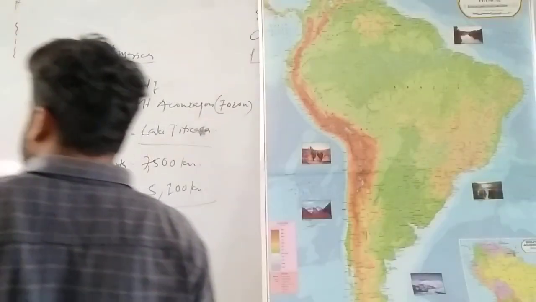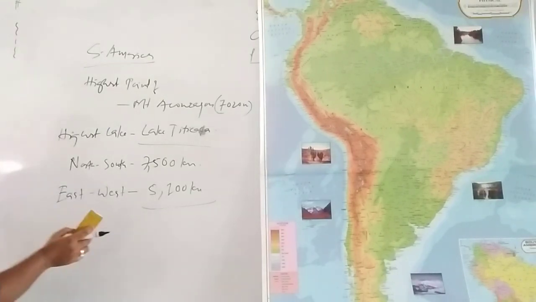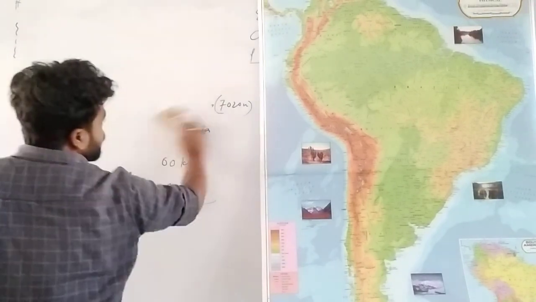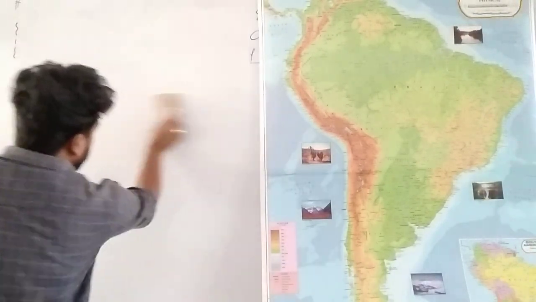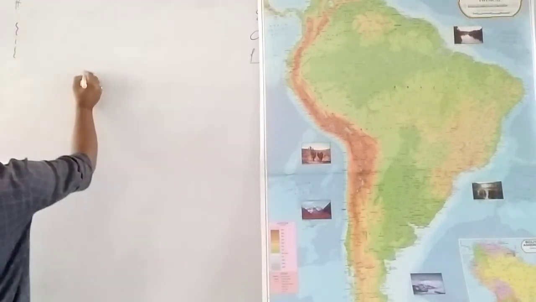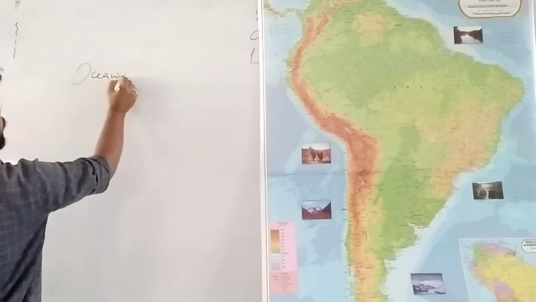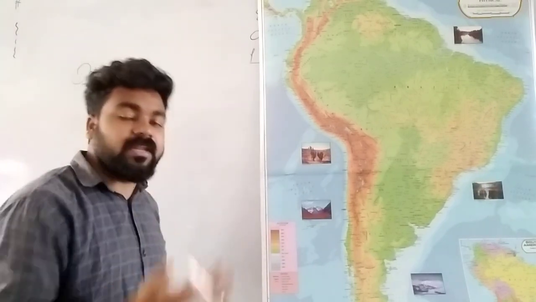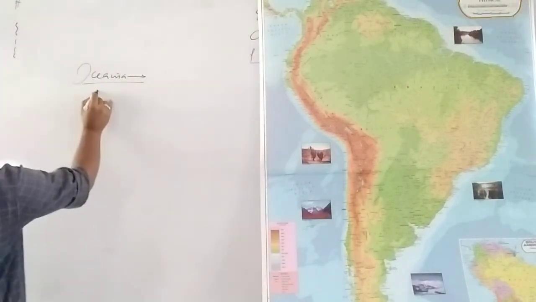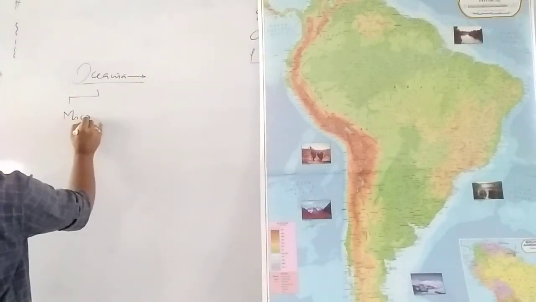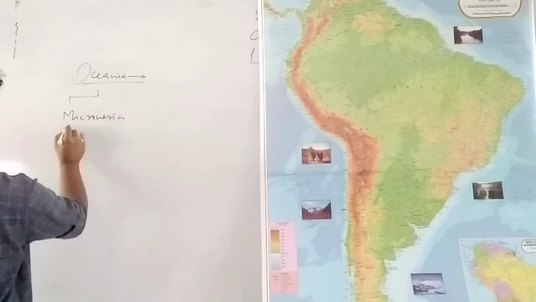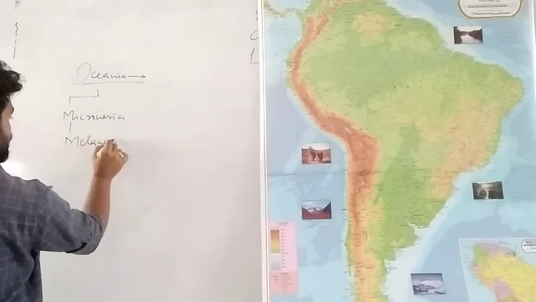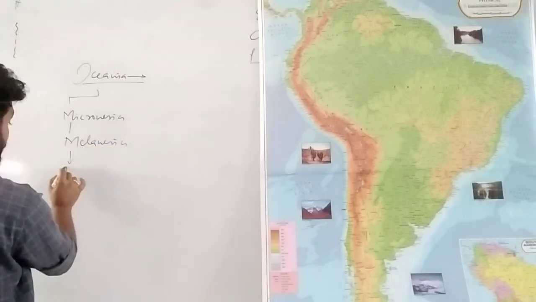Okay, after this, another continent is there. Let's discuss that continent. That is Oceania, the last continent. But Oceania is again divided into 3 parts: Micronesia, Melanesia and Polynesia.